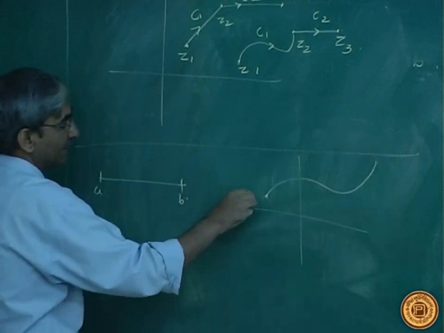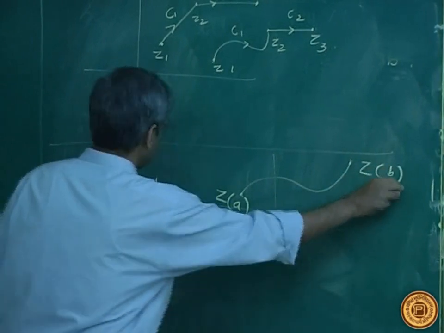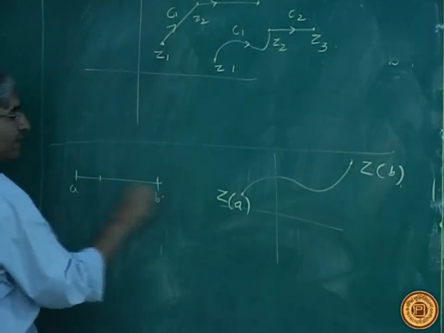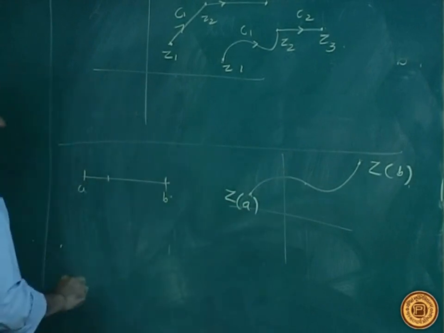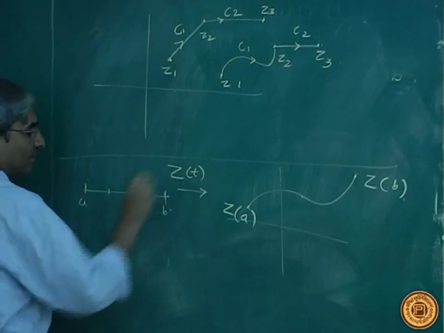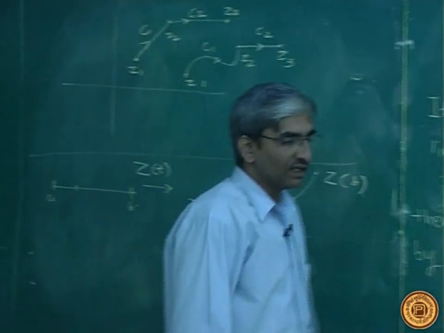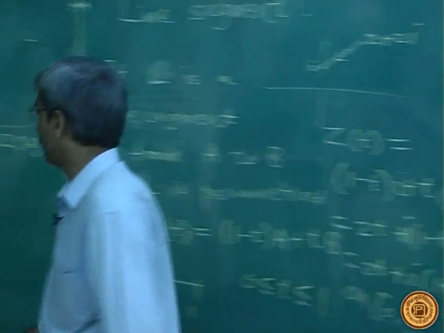This is z(A), this is z(B), and for any point t you have z(t) on this curve. Then the integral of the modulus of z'(t) dt is called the length of this curve.